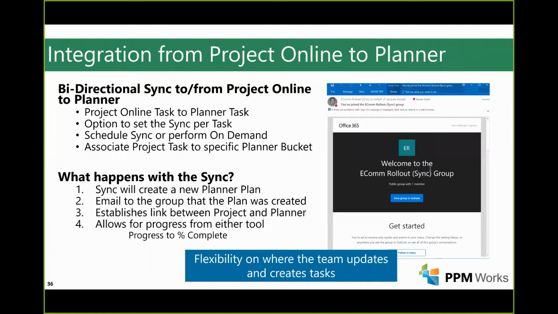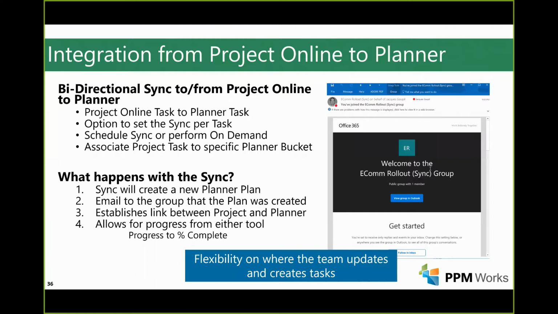Here, we're going to focus in on Project Online and Planner. Now, what's the difference here? Well, what you can actually do with a tool set, and we can help you here, is you can lean into a task. So we want a task in Microsoft Project Online to integrate with a Planner task. Maybe not a Planner plan, but the actual task itself.